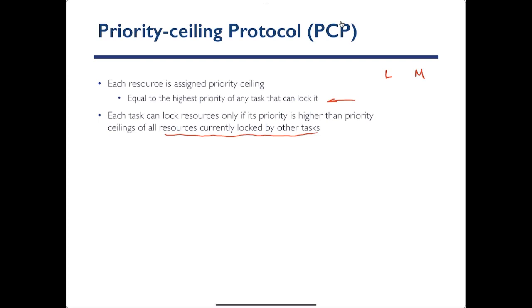If all the resources that are locked have priority ceiling L, then we allow this. Or if no resources are locked, then this is basically 0, so we allow this. But if there exists a resource with priority ceiling H or M, then we're not going to allow this. So we're going to prevent this request from being satisfied.